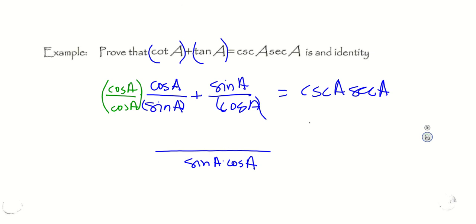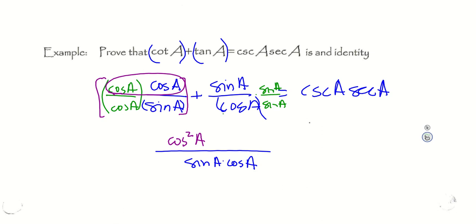So when I multiply these two fractions together, right, I multiply the tops and I multiply the bottoms. The tops multiply give me a cosine squared of A. Now to add the second fraction, I'm going to have to multiply the second fraction by a sine of A over a sine of A. Right?